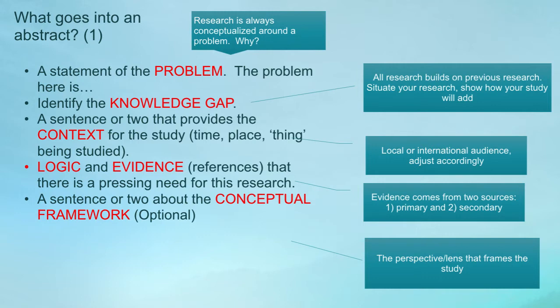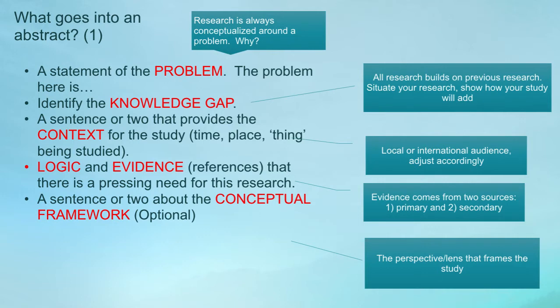I'm just going to jump down to the conceptual framework, a sentence or two about the conceptual framework. Now, this is not always required in an abstract. In your particular discipline, particularly if you work with more theory, it might be something that's much more common. Your research project might be theoretical, so then you would have a sentence or two about this.